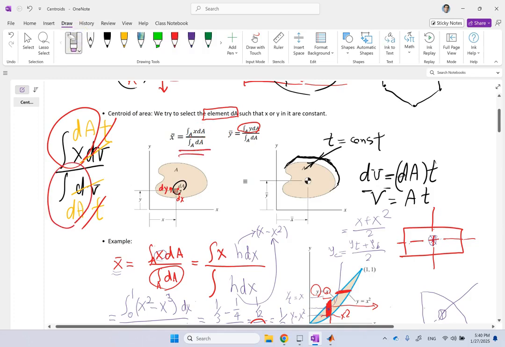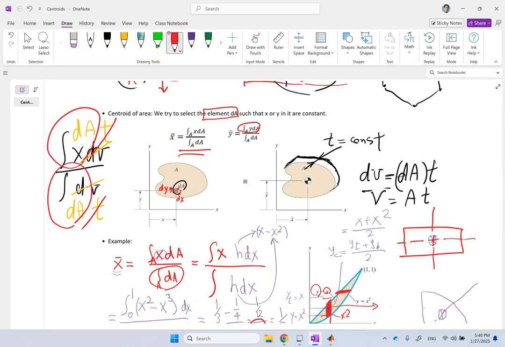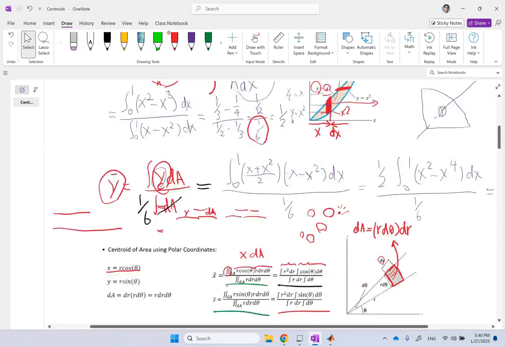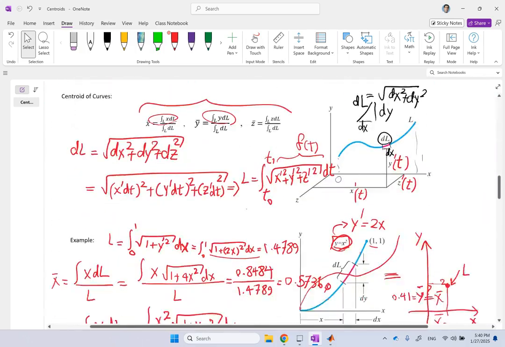So the center of area and the center of volume, as I said, are on top of each other, and the center of mass too, if this T is also constant. The only thing is, instead of being on the top surface or the bottom surface, it's going to be here in this middle plane. The centroid will fall on that middle plane. Okay, going back.